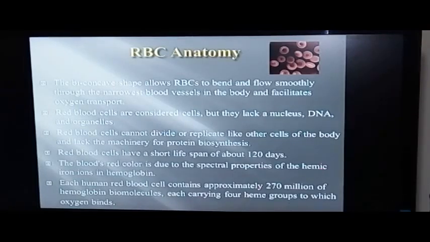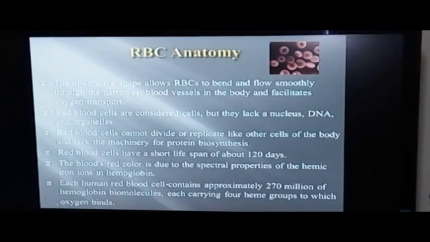Why are they called red blood cells? Well, they are called red blood cells because they contain something called iron, or iron ions. And this is what oxygen attaches to. It gives the red colour to the blood when the oxygen is attached to that iron ion.